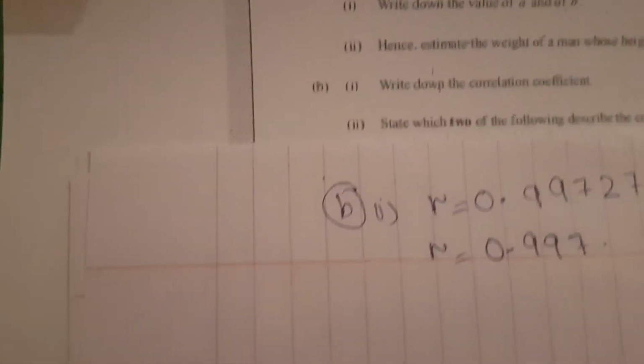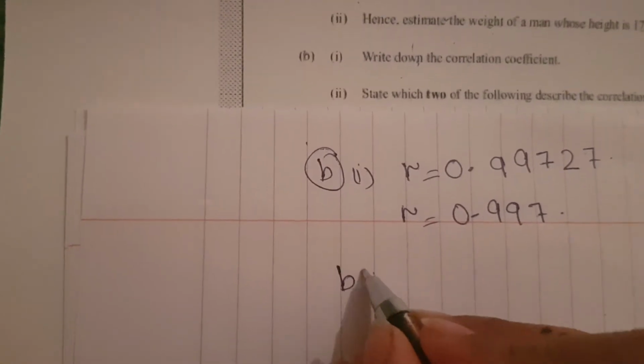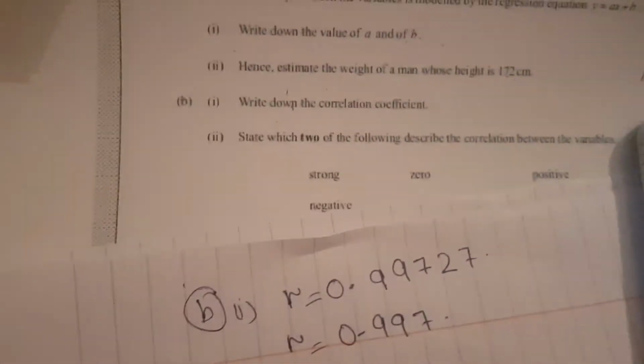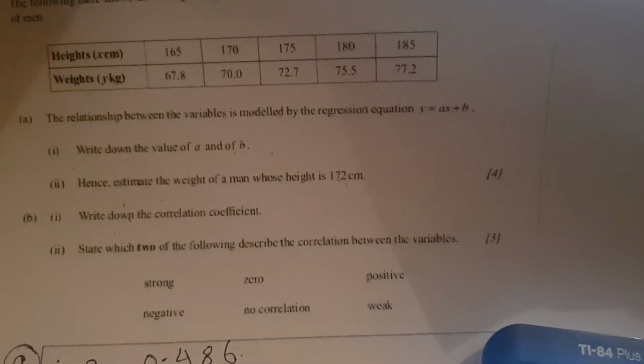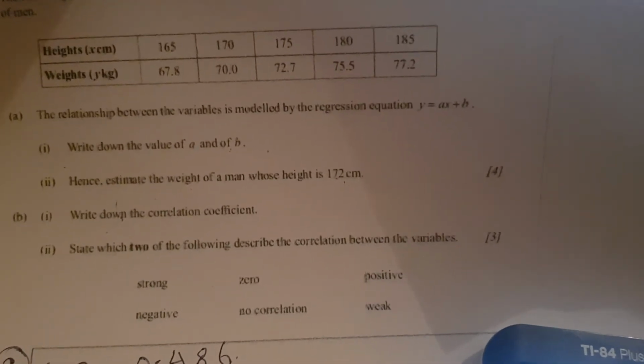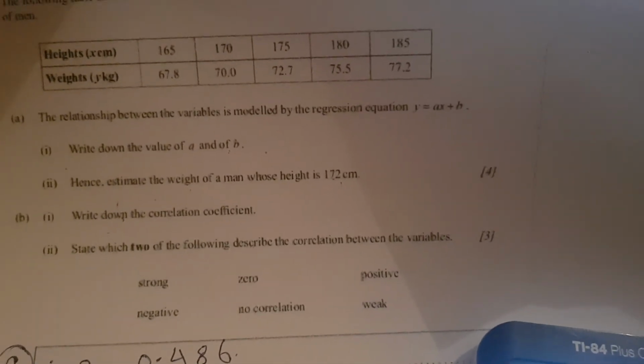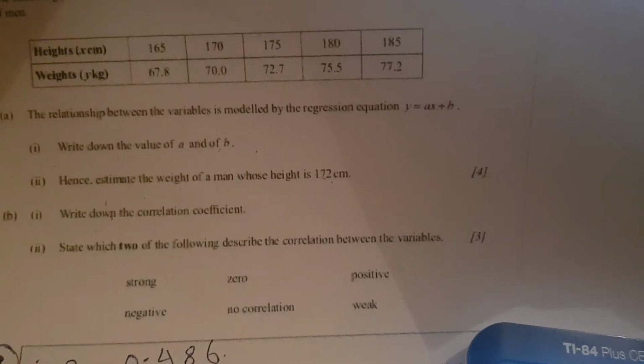Okay, now let's see what part B2 says. Part B is asking: state which two of the following describe the correlation between the variables.